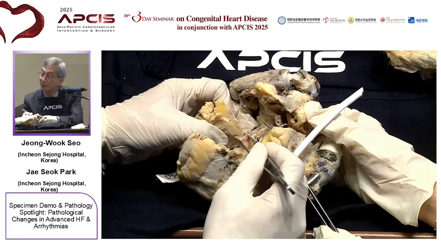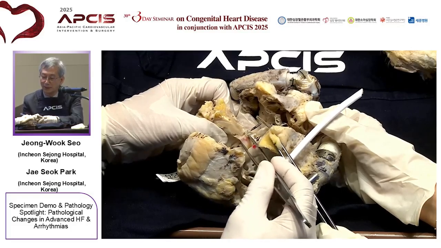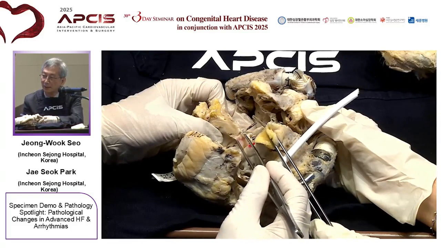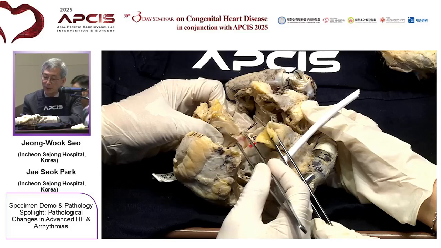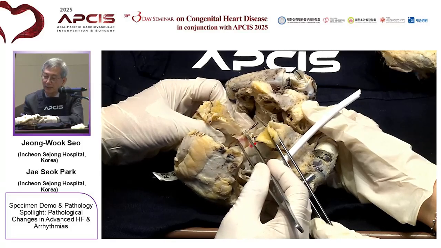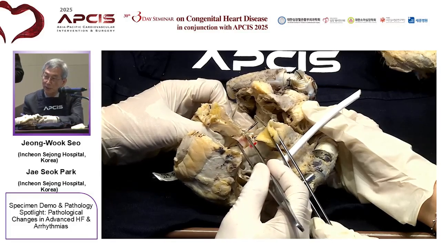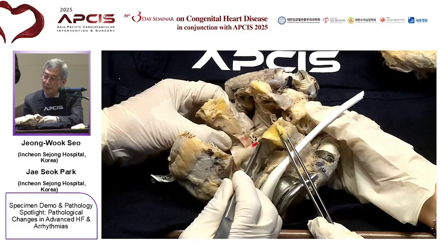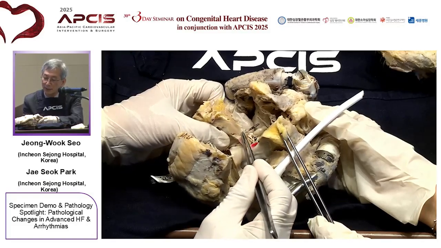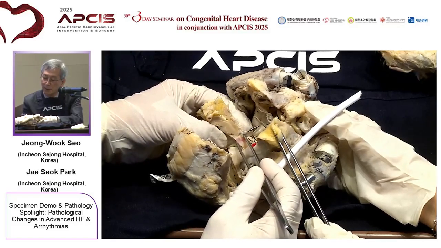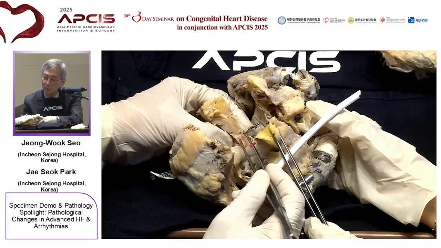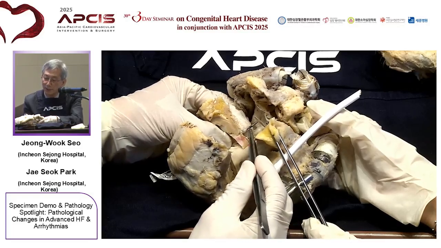The thickness is not easy to recognize, but it's about 8 millimeters thick, the whole septum. So the septal thickness depends on where you approach. To the base it is thin, and to the apex it is thick. So this 8 millimeter thickness, I think, means a good positioning of the CSP lead.